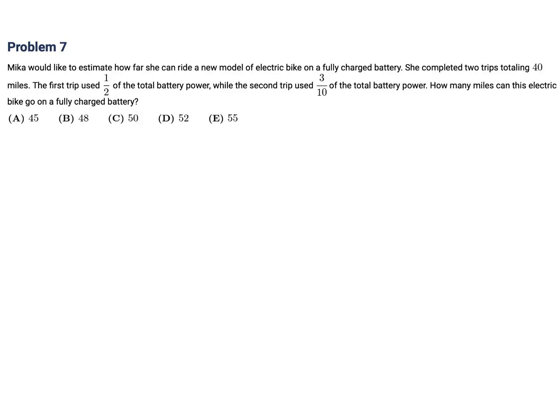Mika would like to estimate how far she can ride a new model of electric bike on a fully charged battery. She completed 2 trips totaling 40 miles. The first trip used a half of the total battery power, while the second trip used 3 over 10 of the total battery power. How many miles can this electric bike go on a fully charged battery? All right, so we have a half plus 3 over 10, so that's what we need to add, and when you do, you get 4 over 5.